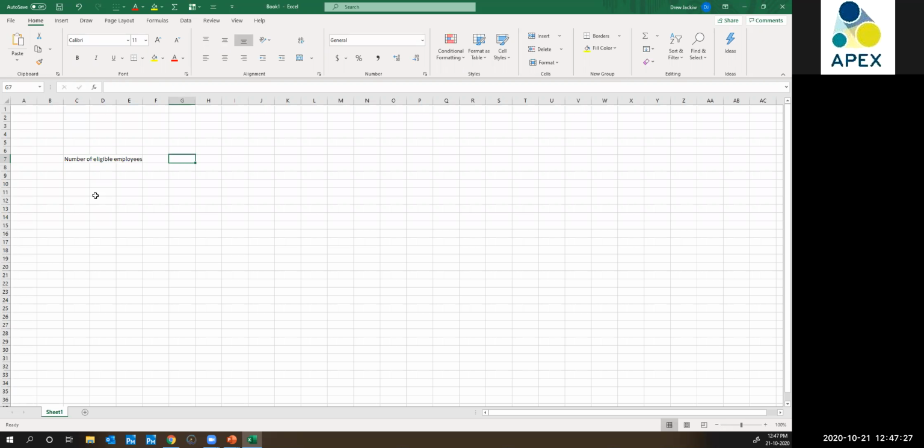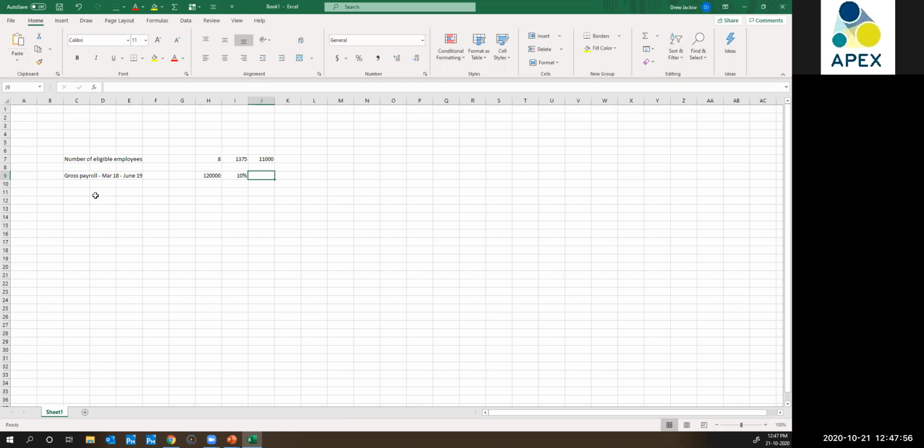Okay, so say you have 8 eligible employees. You get $1,375 per. So you're going to end up with a max benefit of $11,000. If your gross payroll from March 18th to June 19th falls at, let's do $120,000, you're going to get 10%.